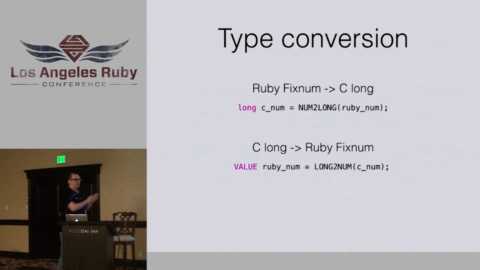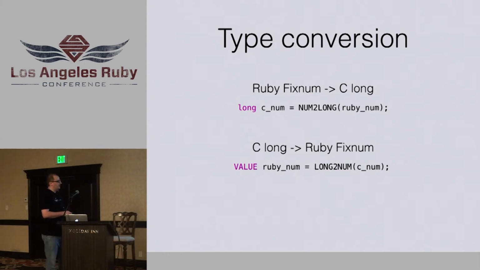So every time you cross the boundary from Ruby to C and back, you have to remember to convert those types. So for example, here, if you are calling a method and you are passing in a Fixnum, and you want to use it in C, you have to convert it from Fixnum to the equivalent long value. And there are actually convenience macros, NUM2LONG, that will do it for you.